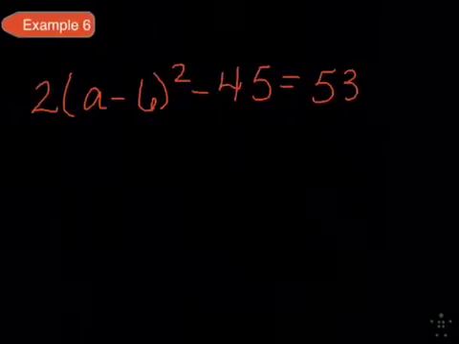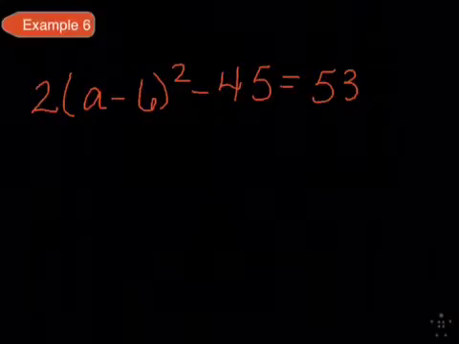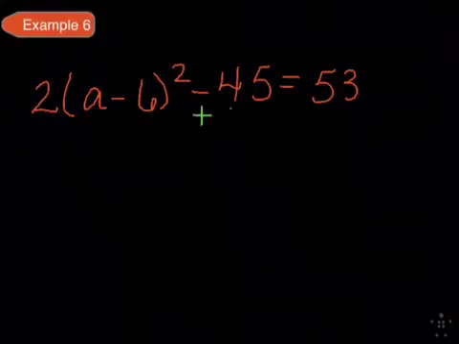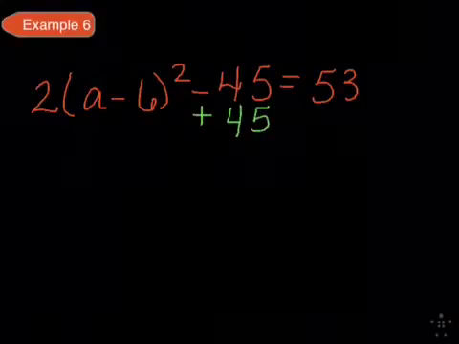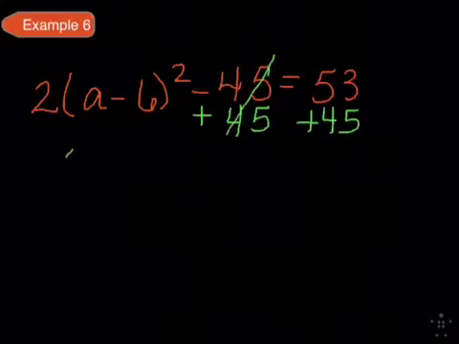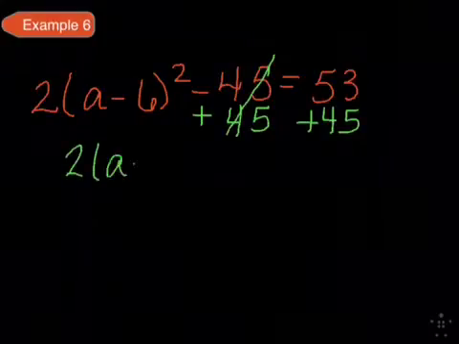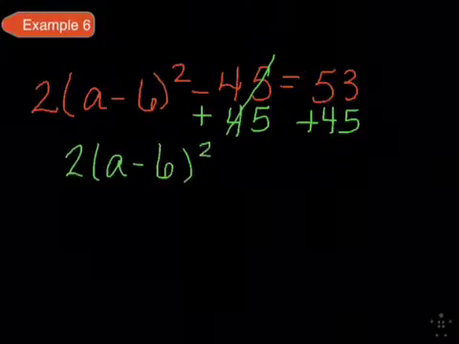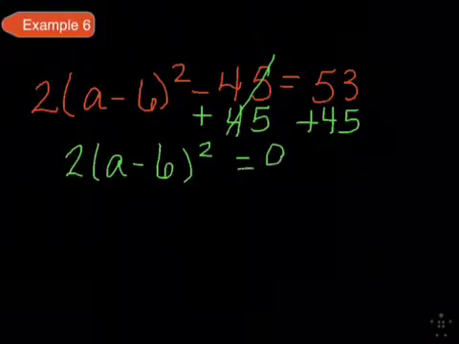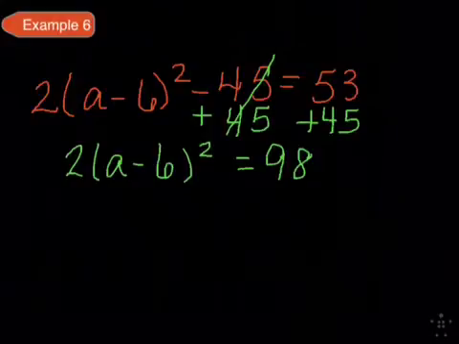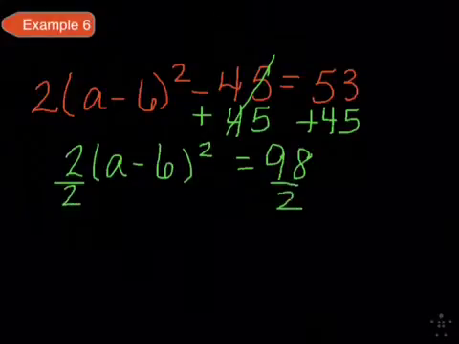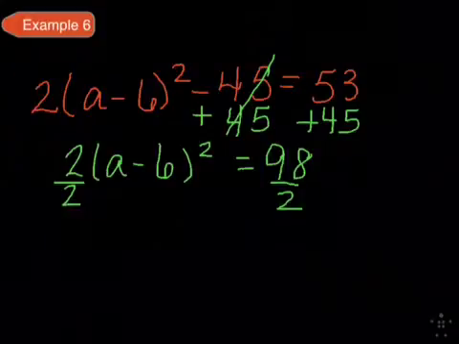Okay. Last example. This one has a little more to it, but we handle it the same way. So the first thing I'm going to do is add 45 to both sides. So I have 2a minus 6 quantity squared equals 98. Then I'm going to divide by 2 on both sides. So we do 98 divided by 2.